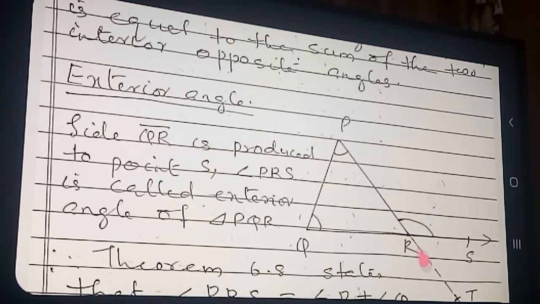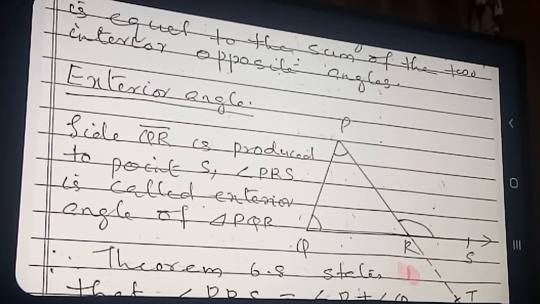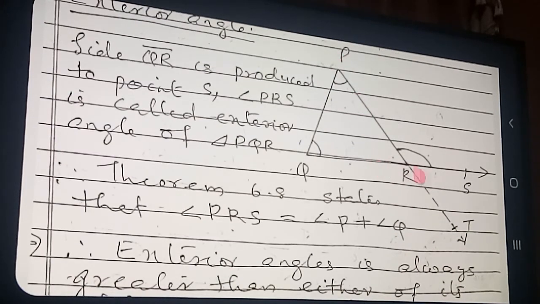Now, at each vertex, how many exterior angles will form? Two exterior angles will form. See here, this angle PRS is one exterior angle. Same way, you will get another exterior angle at this vertex, angle QRT. Therefore, through each vertex, there are two exterior angles.